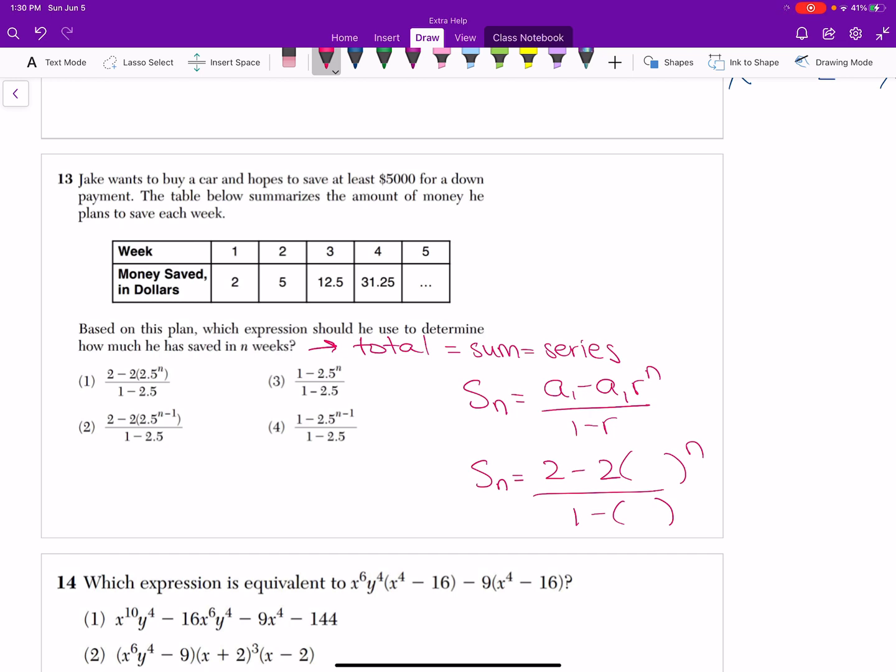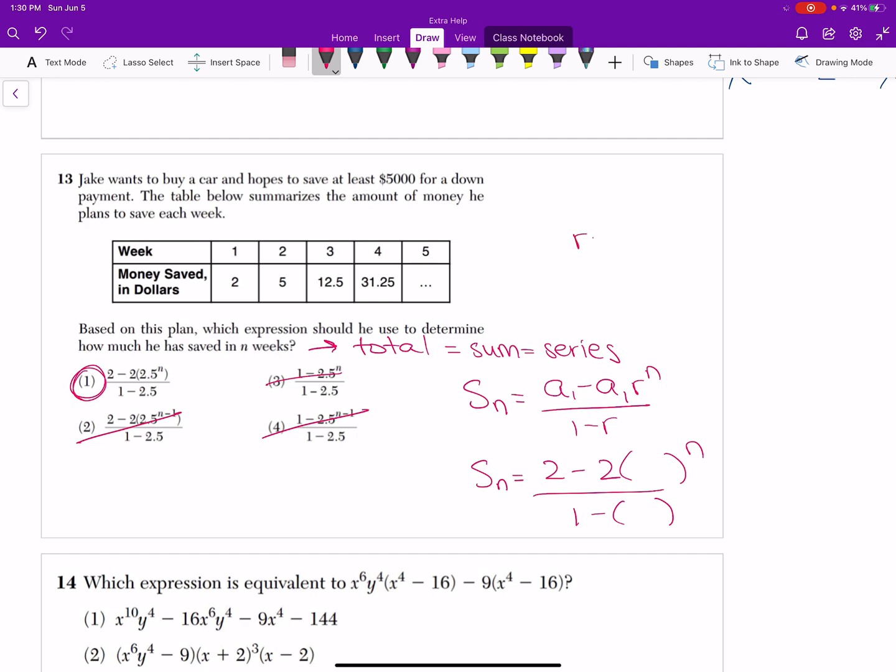You should be able to match up and get the right answer choice. Answer choices 2 and 4 have our exponent as n minus 1 when this formula shows it as just n. So that eliminates 2 and 4. And on top, we definitely should have 2 minus 2 times something to a power, which is not what answer choice 3 shows. So it's answer choice 1.